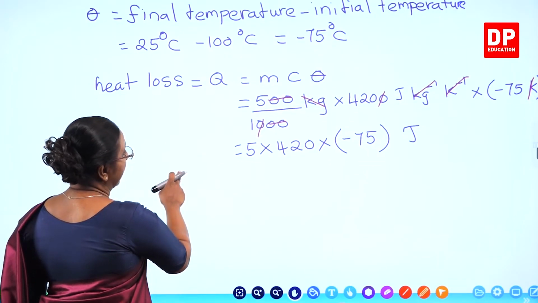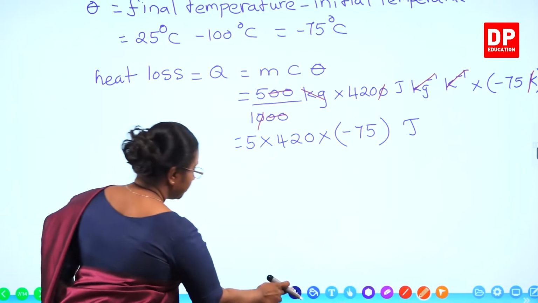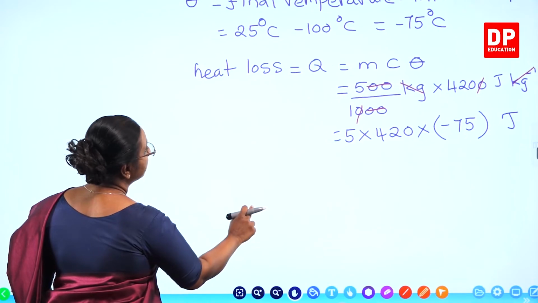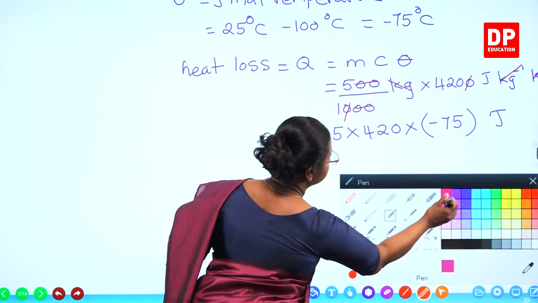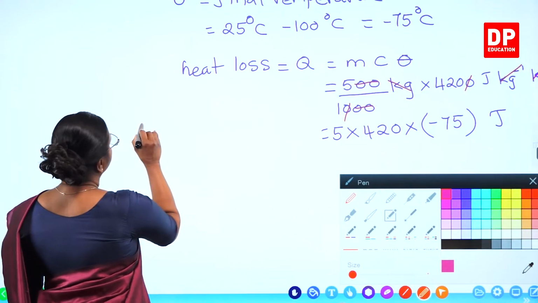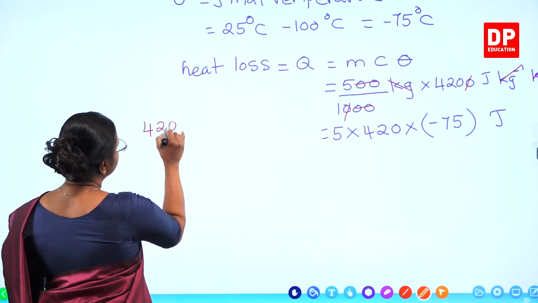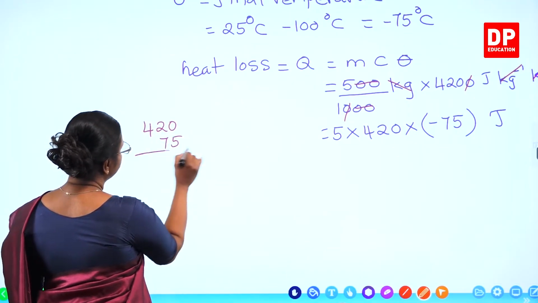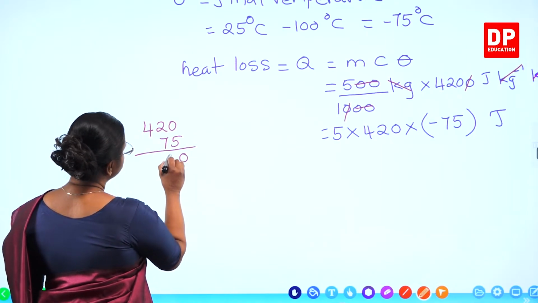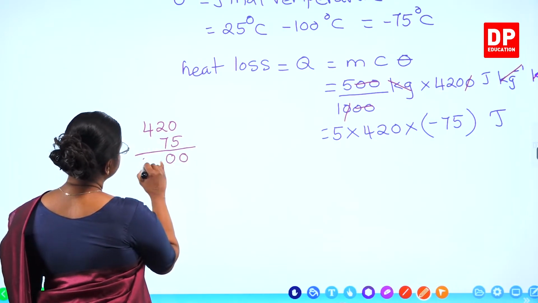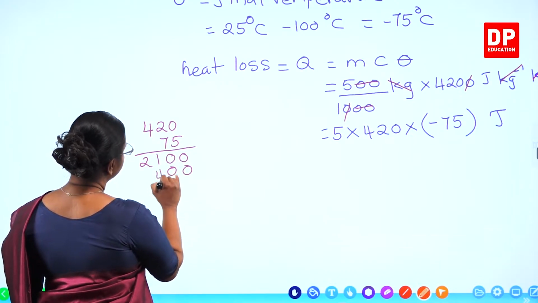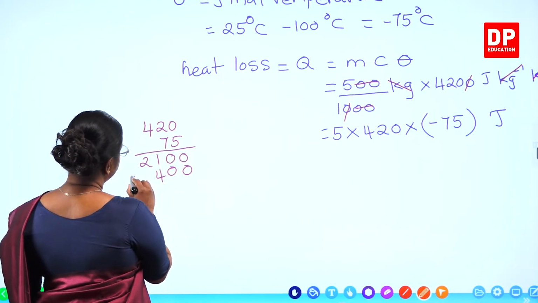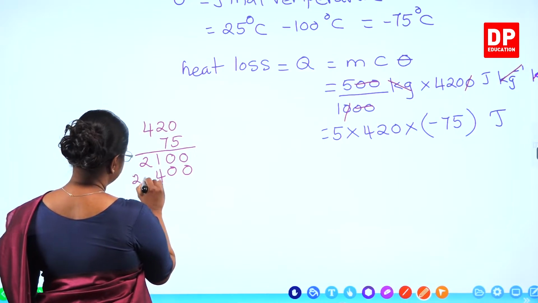So we need to multiply and get the values there. So we will just do the calculation here. 420 into 75. So it's going to be 0, 0, 21. Then again 0, 4, 28, 29.